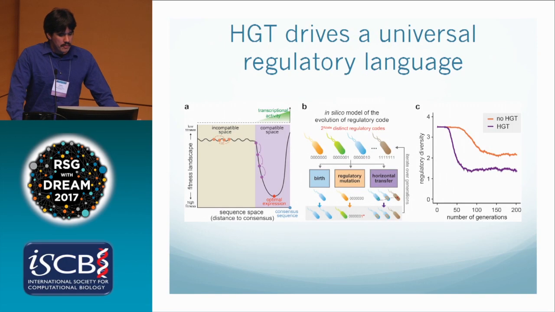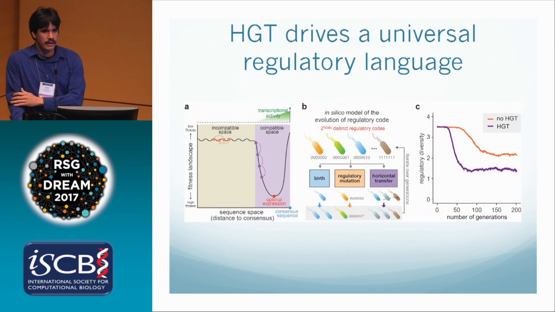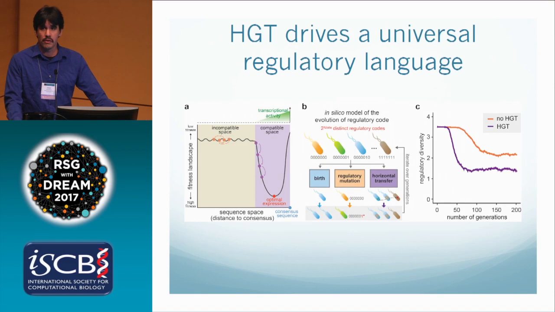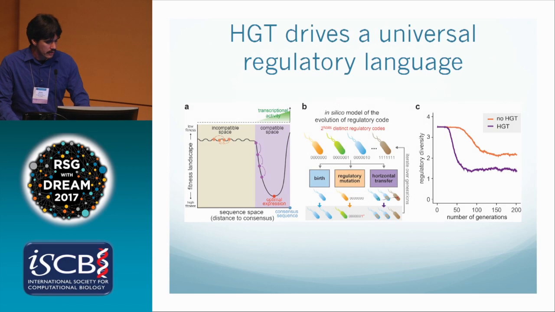I'm not going to go into too much detail on this figure because I'm going to run out of time, but there is an interesting model and simulation that shows that horizontal gene transfer actually constrains the diversity of possibilities of the regulatory code in the microbial world. Because they have to speak the same language, there is an innovation sharing mechanism, a selection towards microorganisms that will talk the same language.